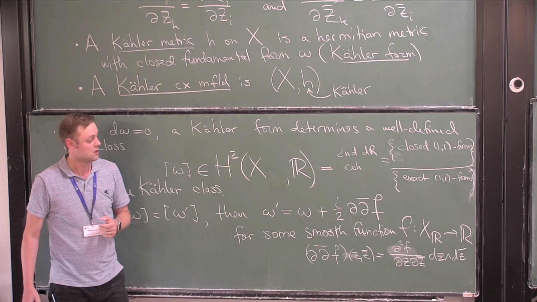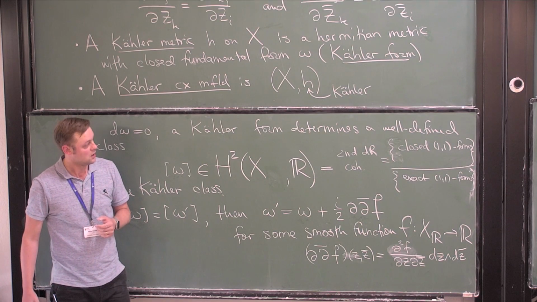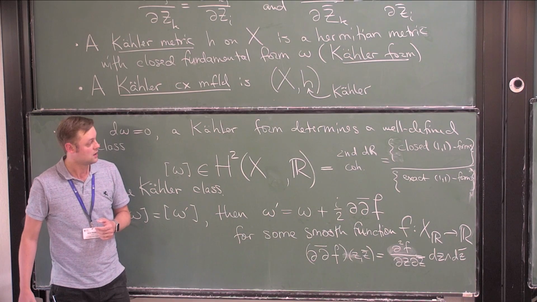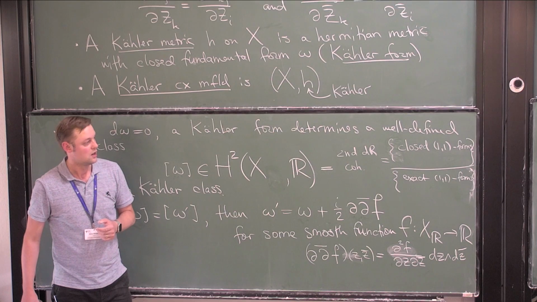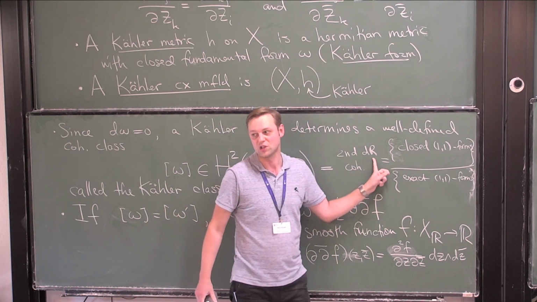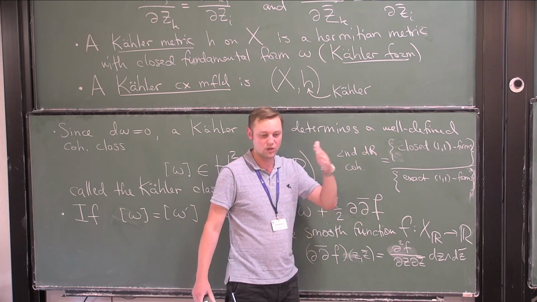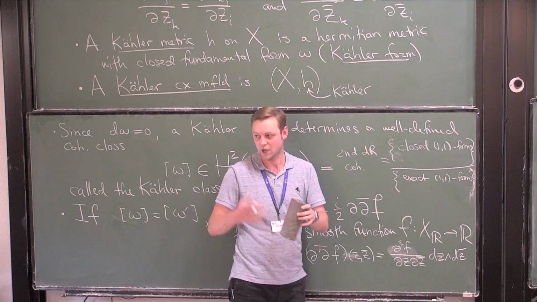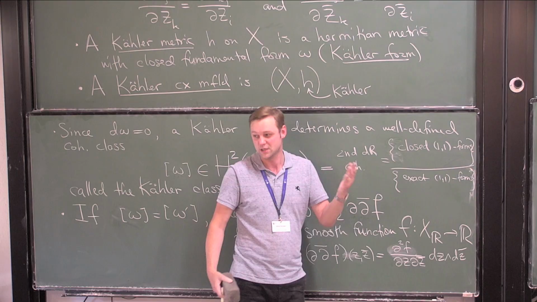I was just wondering, in the context of de Rham cohomology, what happened to, for example, the closed and the exact two-forms? Oh, I see what you're asking. So this is not the usual de Rham cohomology. It's the cohomology of the complex which has the D operator and the D bar operator, so it's the Dolbeault cohomology.